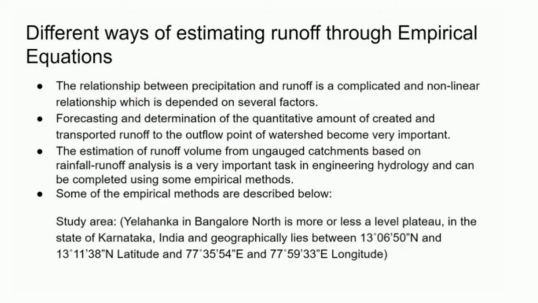Forecasting and determination of the quantitative amount of created and transported runoff to the outflow point of the watershed become very important. 3. The estimation of runoff volume from a catchment based on rainfall runoff analysis is a very important task in engineering hydrology and can be completed using some empirical methods. Some of the empirical methods are described below.